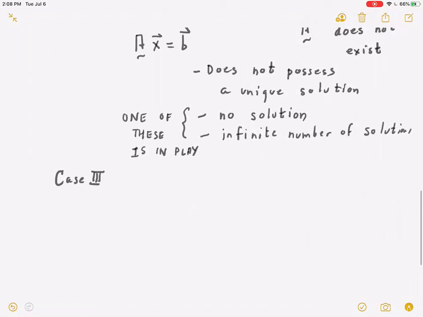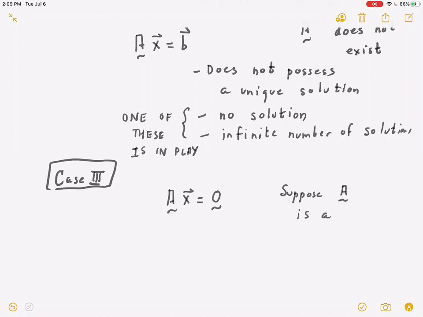Okay, so how about case 3? Suppose you have the special case where your constant vector is the 0 vector. And here in case 3, we'll assume that A is an n by n square matrix.